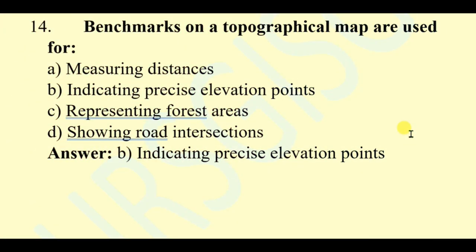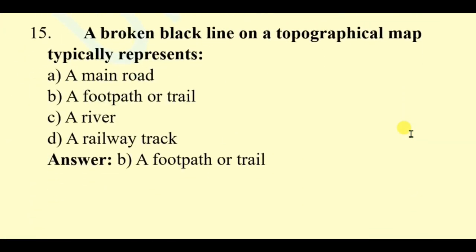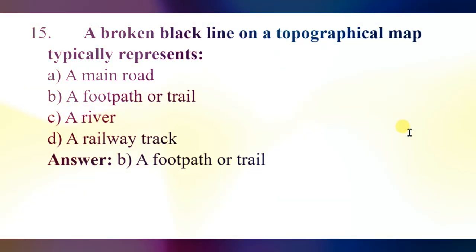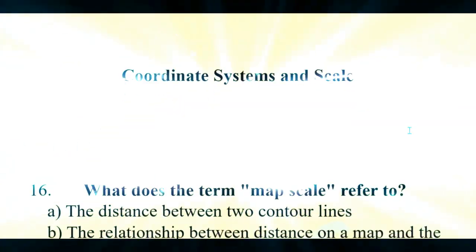Indicating precise elevation points. Question 15. A broken black line on a topographical map typically represents a main road, a footpath or trail, a river, a railway track. Here the right answer will be a footpath or trail.